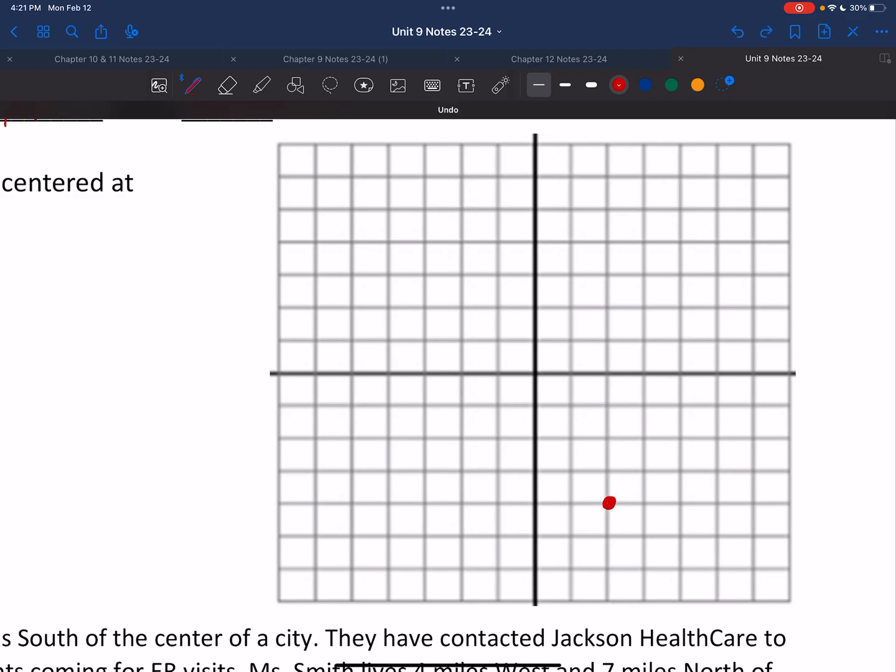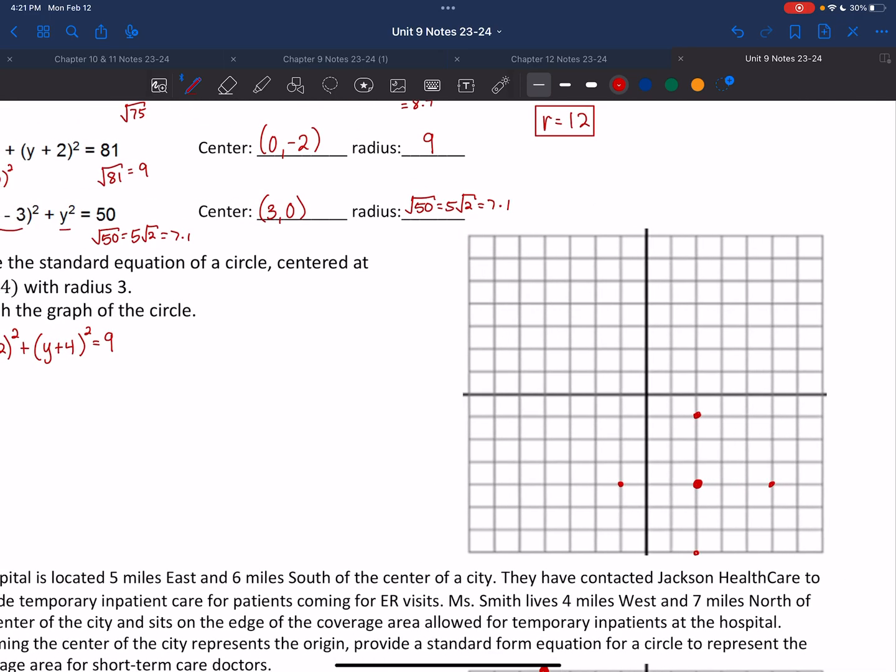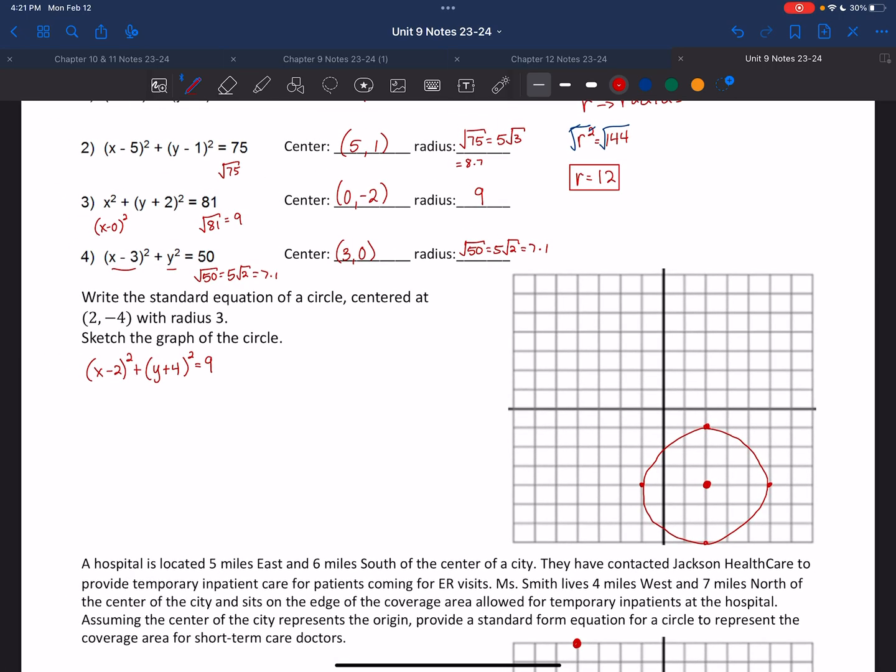Go out 3 units. I'm just going to go out in 4 different directions, just so that way I have points to trace. I'm just going to trace along these points. And so if I draw those points, your circle doesn't have to be perfect, just kind of roughly shaped where it's supposed to be, okay?